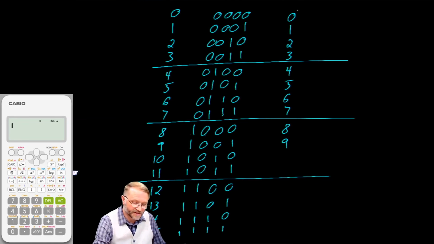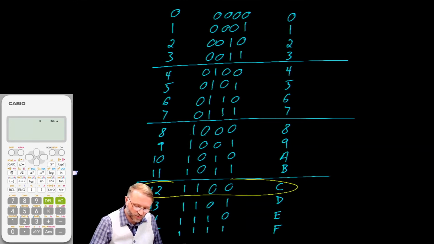We've already used our symbols 0 through 9. We may as well continue using letters. So A, B, C, D, E, and F. To see how this works, consider the number 12. So 12 base 10 could be represented as 1100 in binary or as the symbol C in hex.